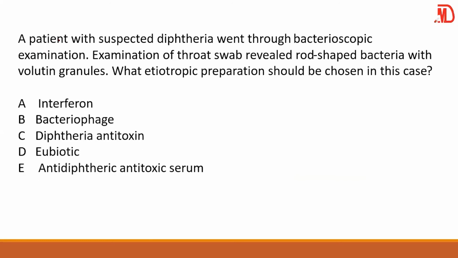We're having a patient with suspected diphtheria, who went through bacterioscopic examination. Examination of a throat swab revealed rod-shaped bacteria with volatile granules. What etiotropic preparation should be chosen in this case?